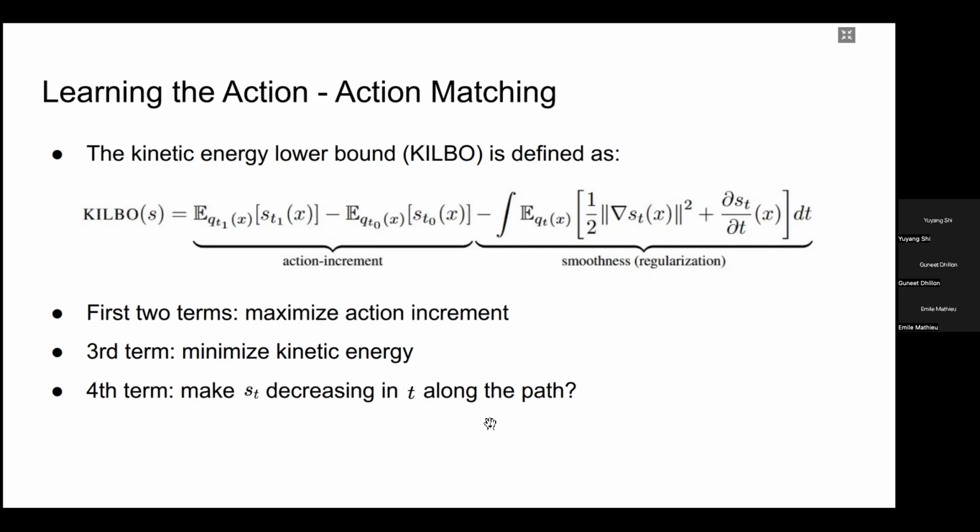But the fourth term, I feel like, if you want to minimize the time derivative, it seems to me that you're trying to decrease st in t along the path. I don't really know what it means, but also I don't think you can view each term individually.